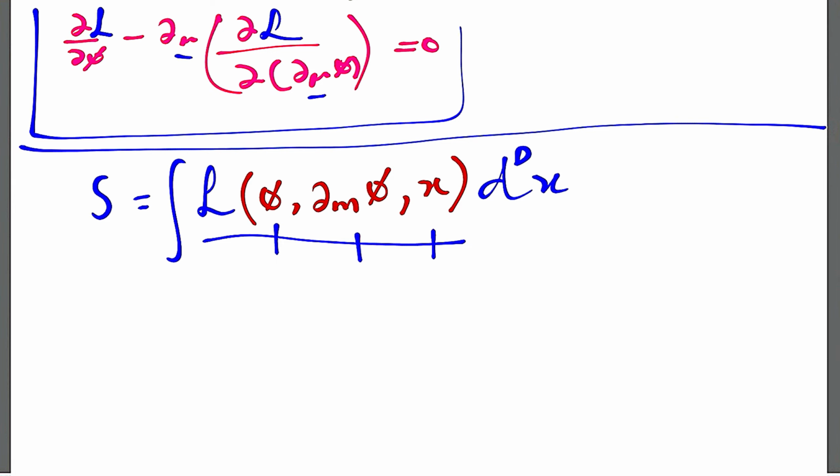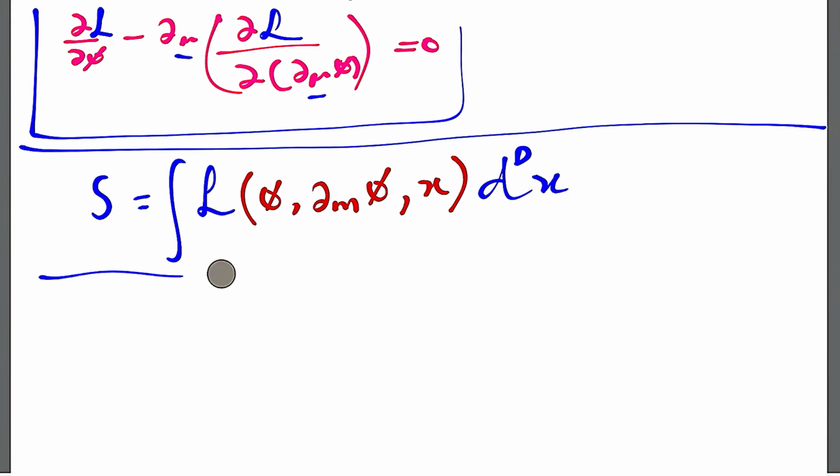However, action is a functional, and it depends upon the whole field at all the spatial points, not only at just one point, but all of the continuous points wherever it is defined over the whole space. As you can see, it's the integration over the whole space, so it considers the whole space. So action is a functional, however Lagrangian is a function.